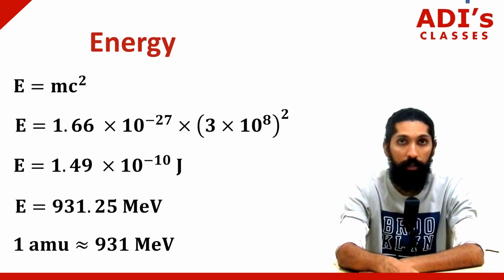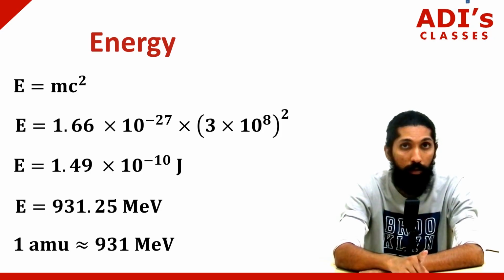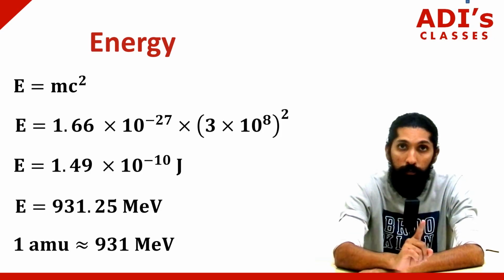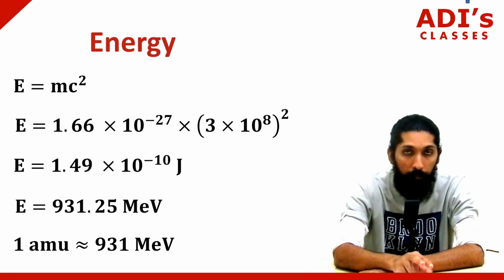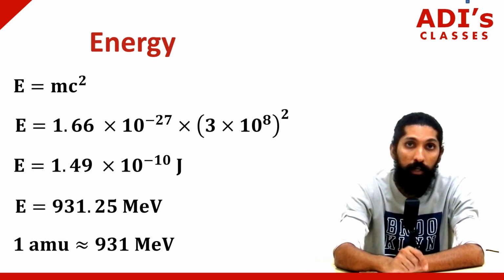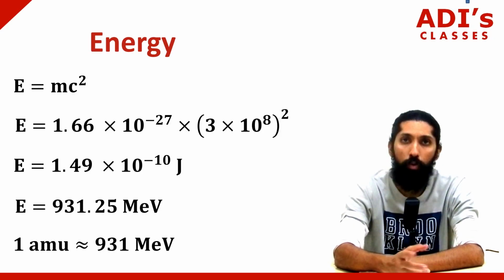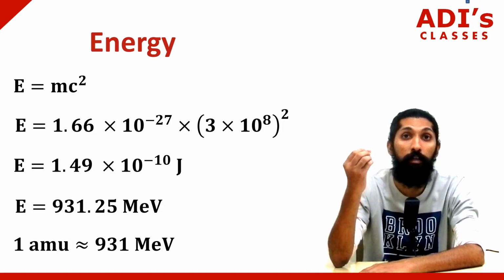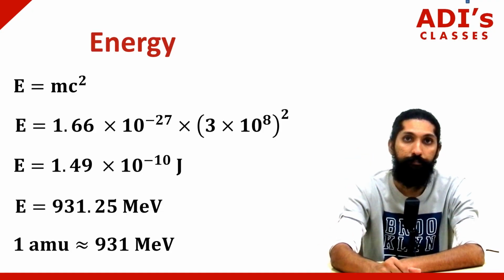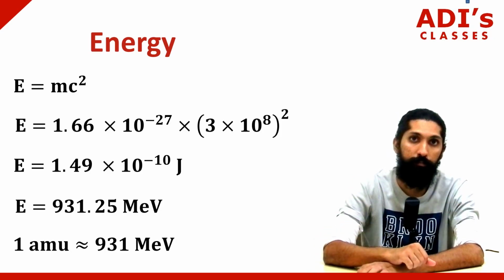That means, think about it, if you take 1 proton or 1 neutron, that's almost 1 AMU, correct? If you take one of those nucleons and completely convert that into energy, you are going to get 931 mega electron volt of energy, which is so much. It is a lot on the nuclear scale. Suppose I have to scale it up to the normal level.